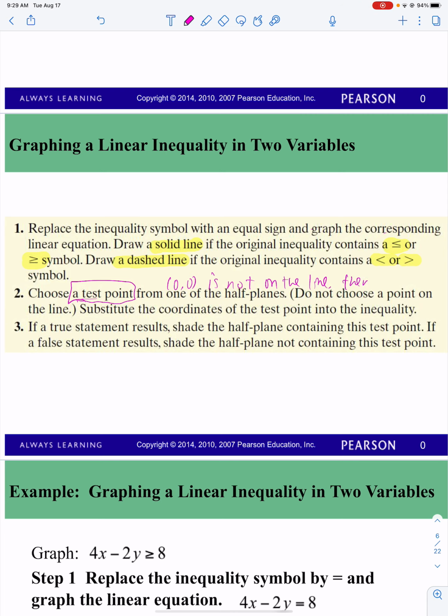If a true statement results, then shade the half plane containing the test point. If a false statement results, then shade the other half plane.